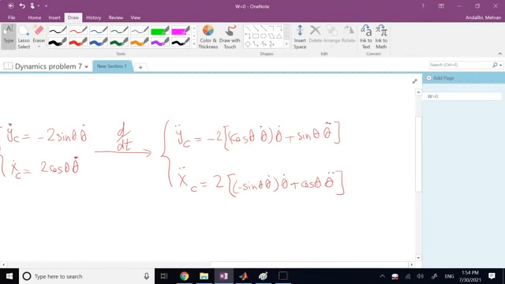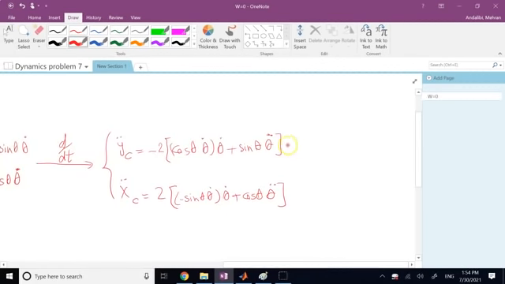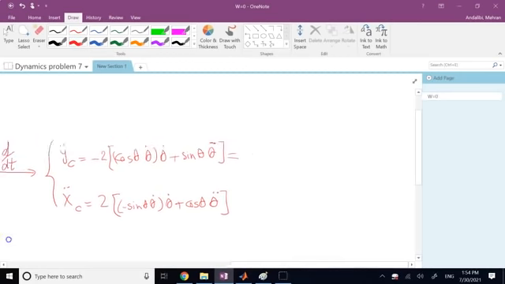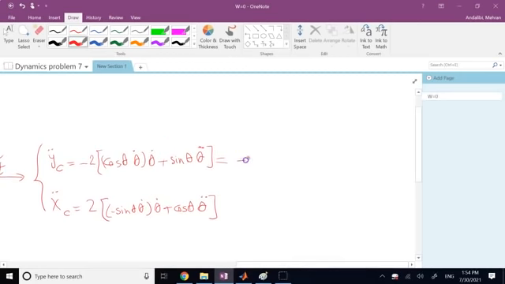Okay, and if you want to replace theta double dot with alpha and theta dot with omega, here you will get negative 2 cosine theta times omega squared and negative 2 sine theta times alpha.